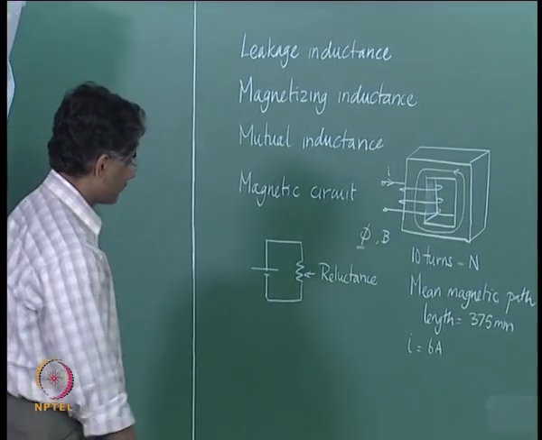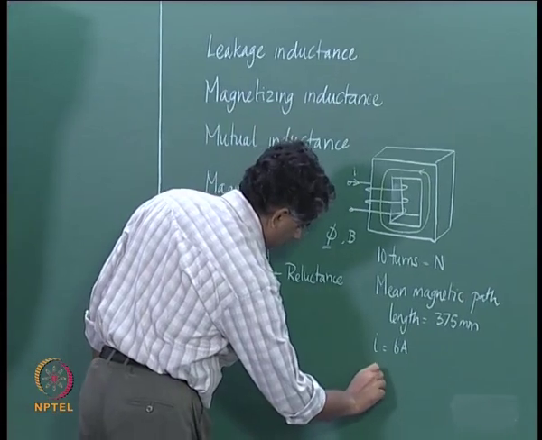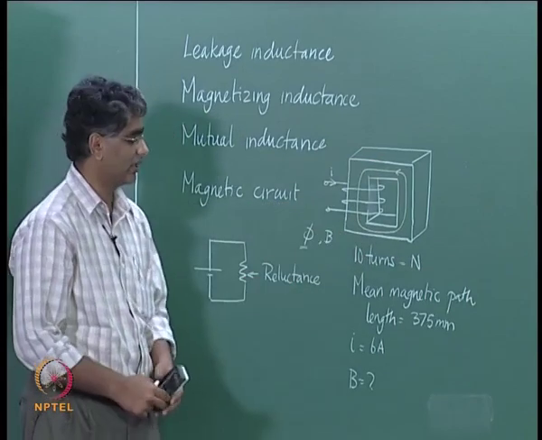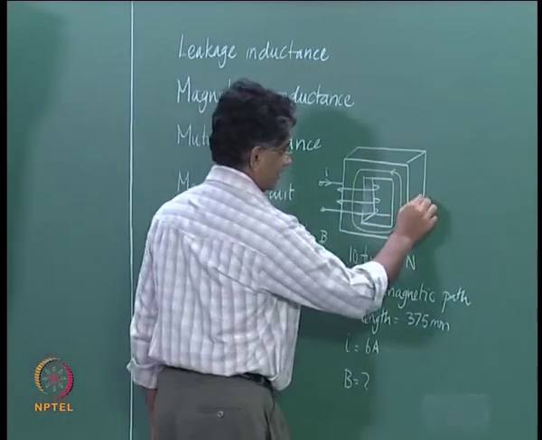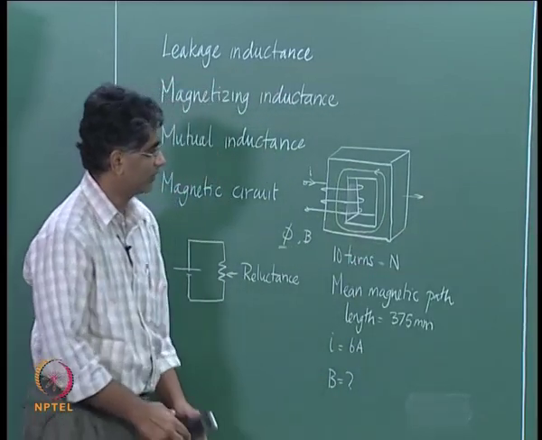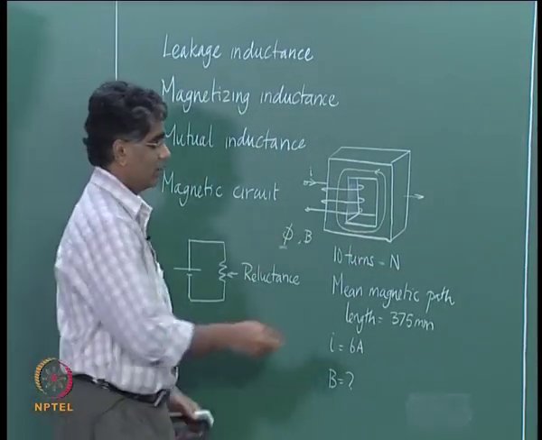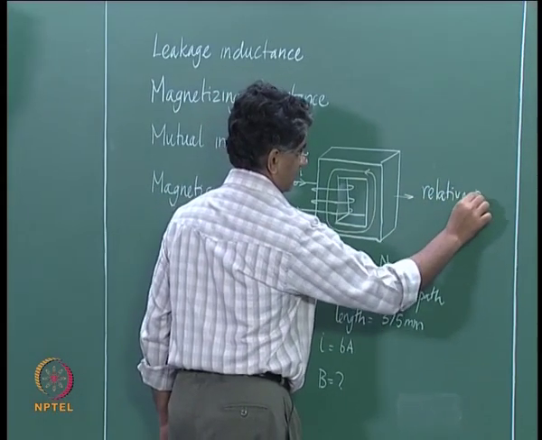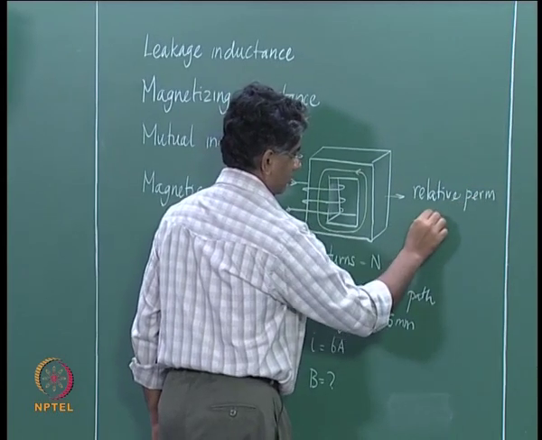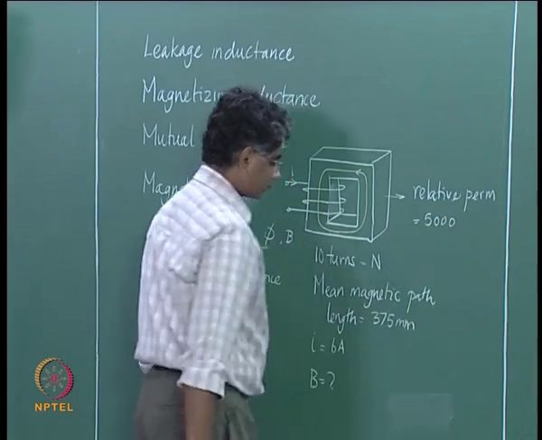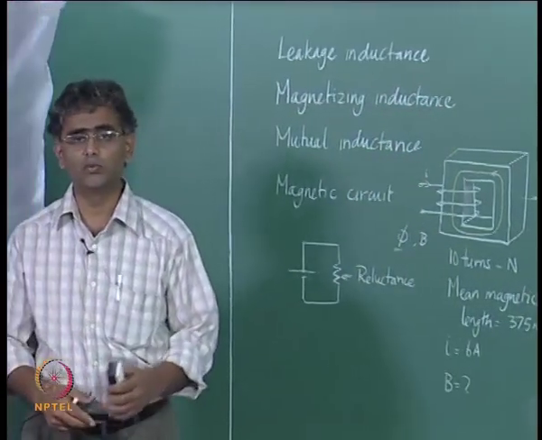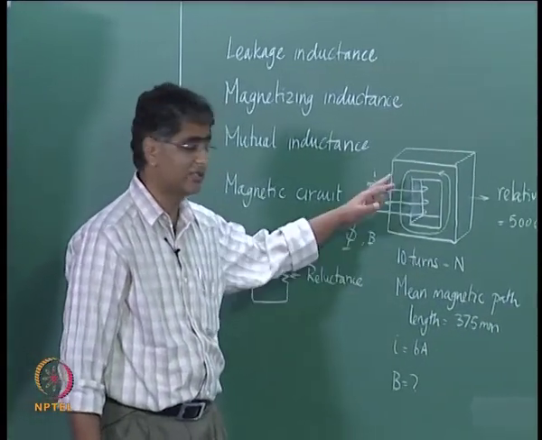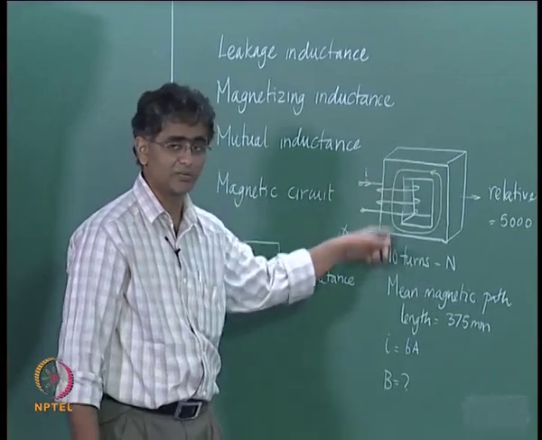We are interested to find out what is B in iron, within the iron region. For this, let us consider that the material out of which this is made has a relative permeability equal to 5000. So under the circumstances we want to know what is the value of B, that is how much flux density is there within this material.